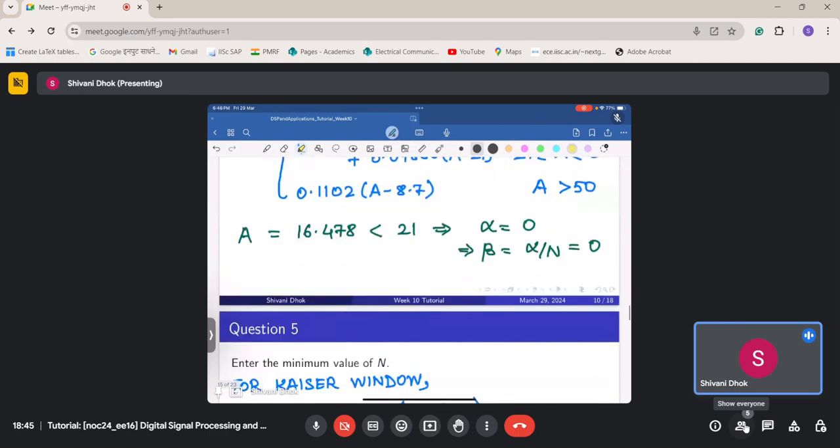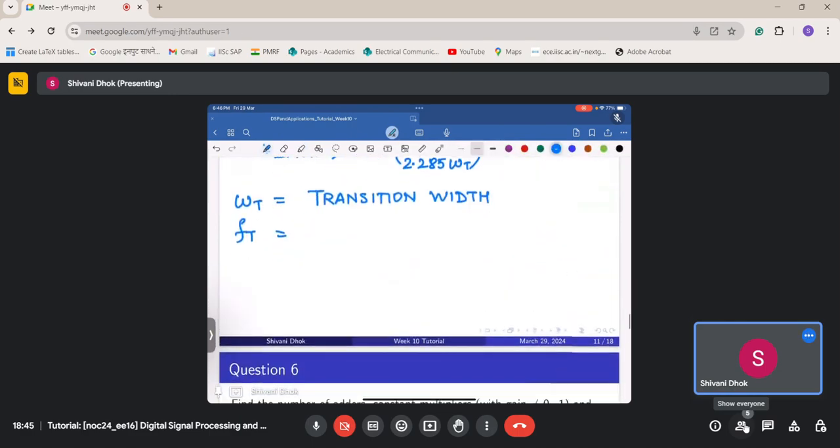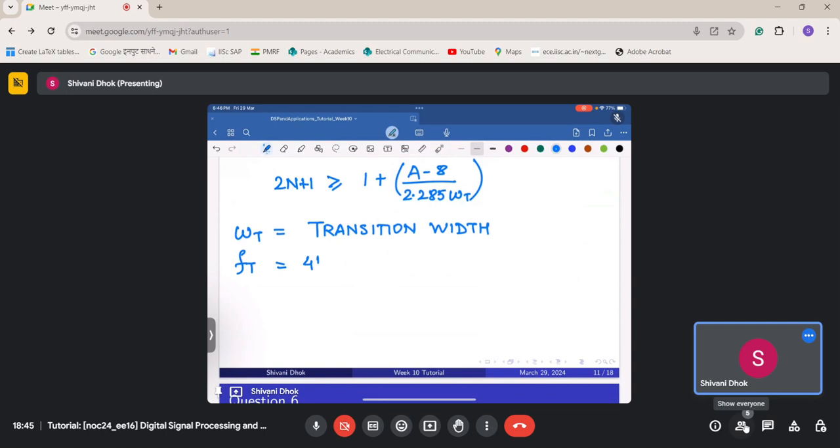So then we have ft as 4 kilohertz and we have f sampling as 330 kilohertz.